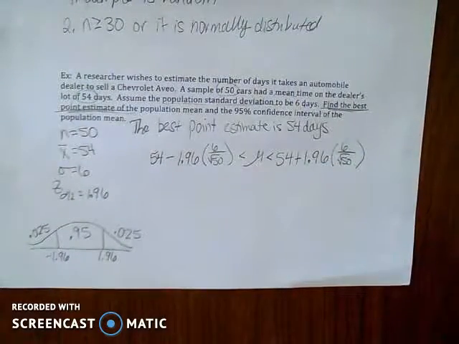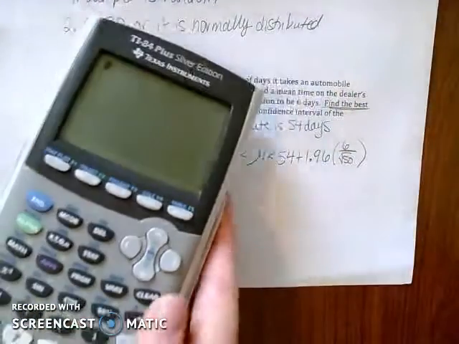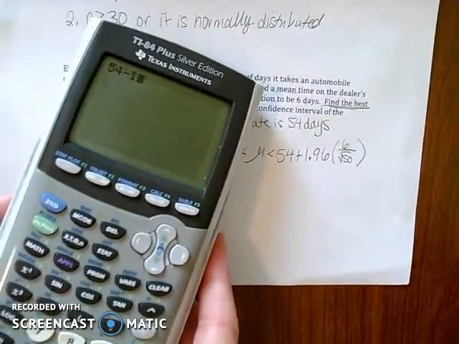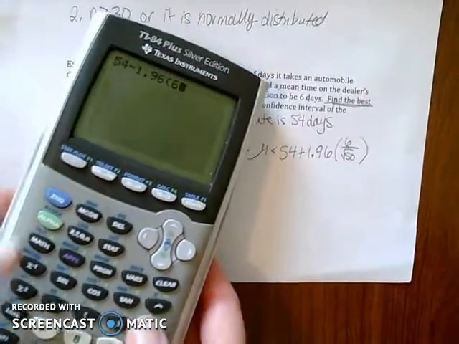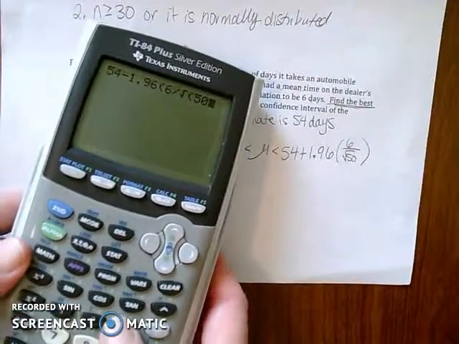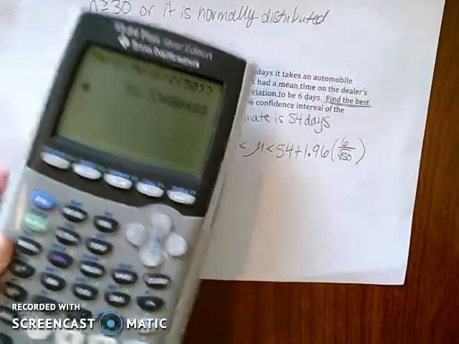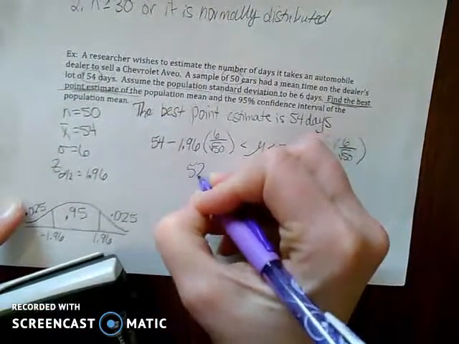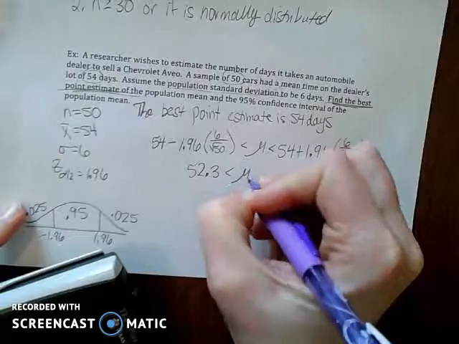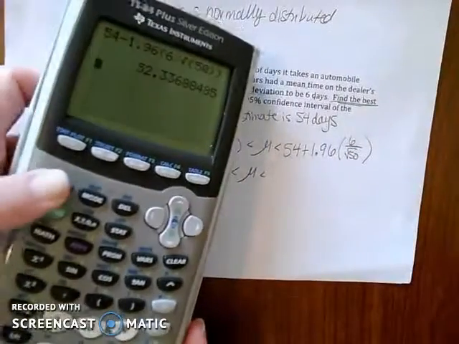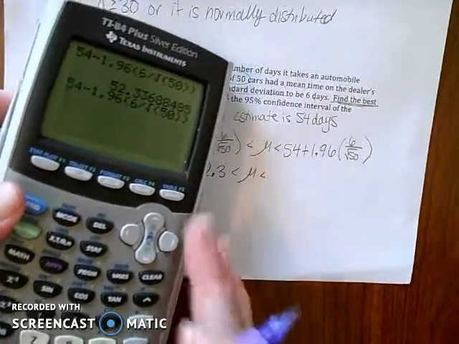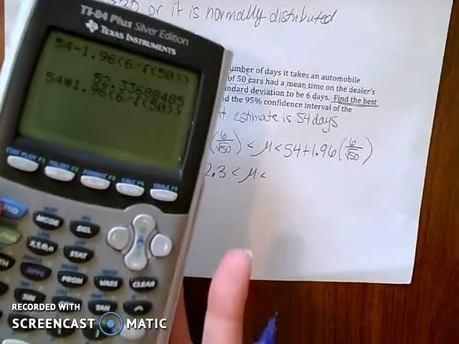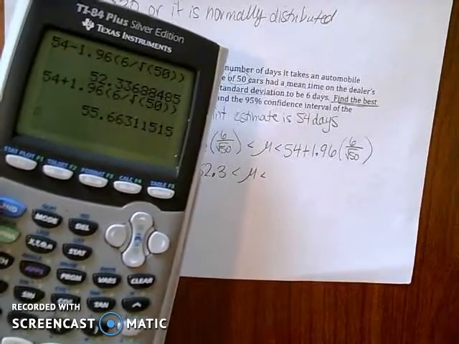Okay, so when you put this in your calculator, you just type it in: 54 minus 1.96 times 6 over square root of 50, 52.3, is less than mu, which is less than. Here's a nice thing, you can just hit second enter, go back and change that minus sign to a plus sign, 55.7.